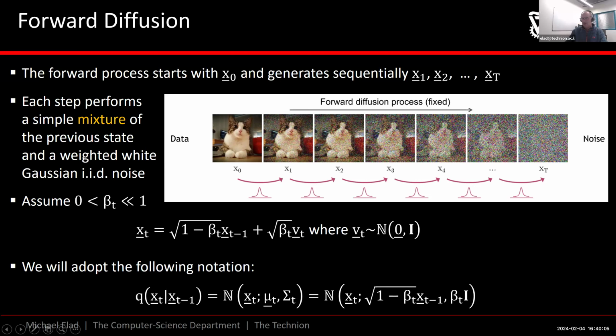It's the mean: square root of 1 minus beta_t times x_{t-1}. And the variance is the strength of this noise. So basically take this coefficient and square it. This is the variance, beta_t. So this is our notation. It's a Gaussian of the variable x_t with this as the mean, and this is the covariance. The covariance is a diagonal matrix. That's it. Lovely.